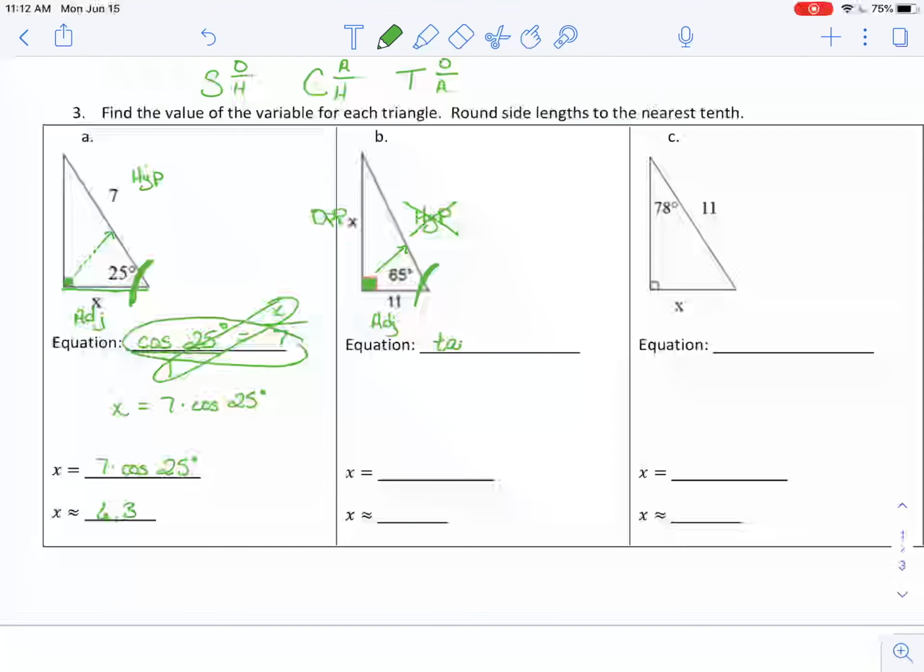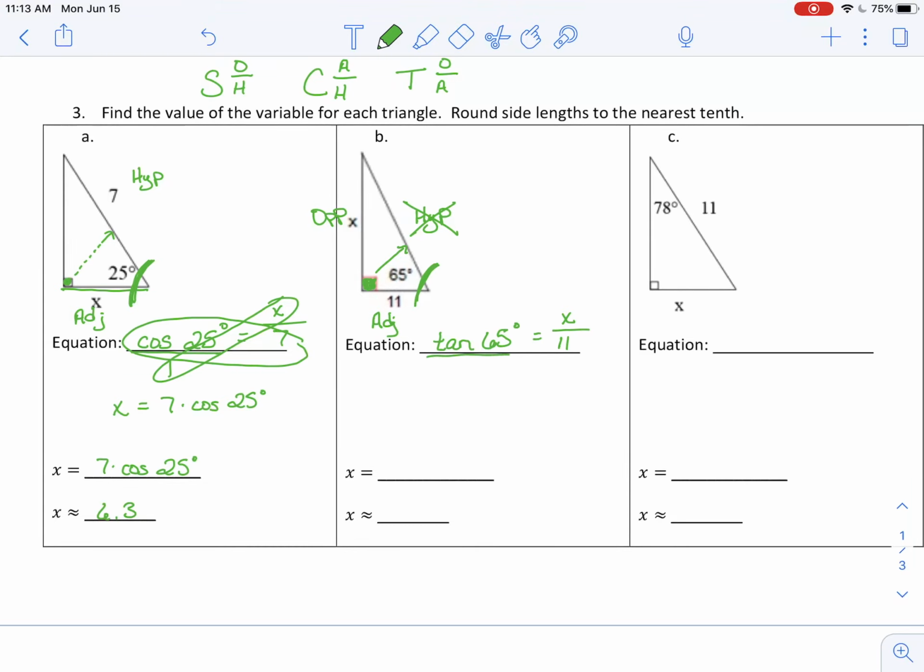So I'm going to be writing a tangent ratio. But always, after you write sine, cosine, or tangent, write the angle next. Whether it's a number or a variable, whatever angle you wrote your labels from, that's what goes next. And in my case, the 65 was the angle. So tangent is 65, and then my ratio is O over A, opposite over adjacent.